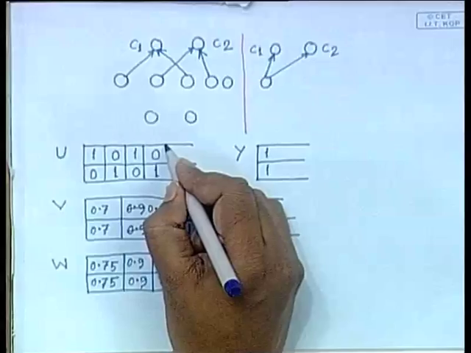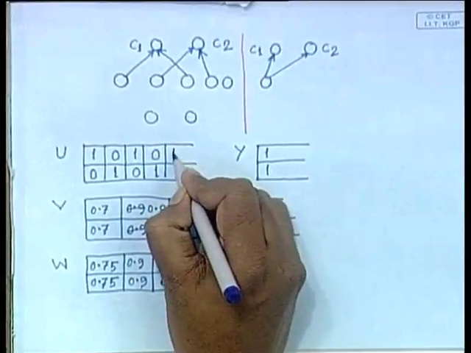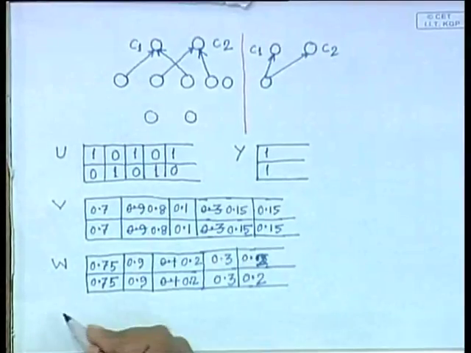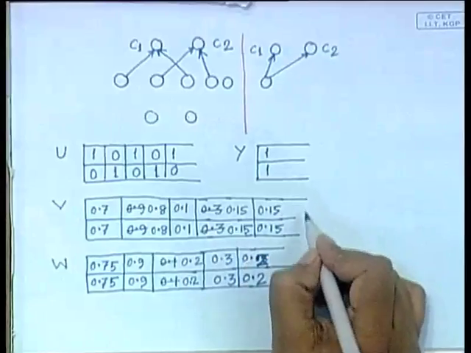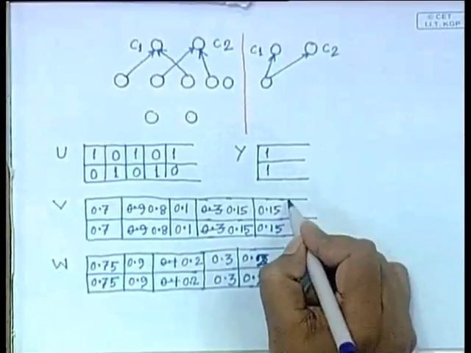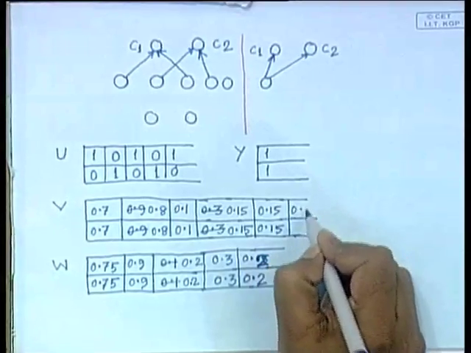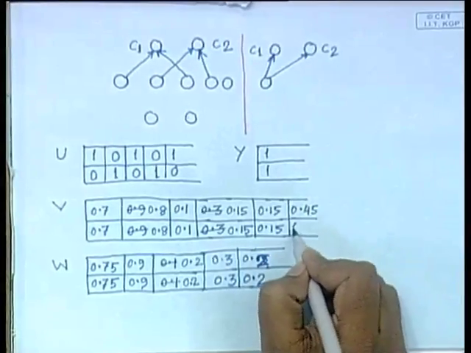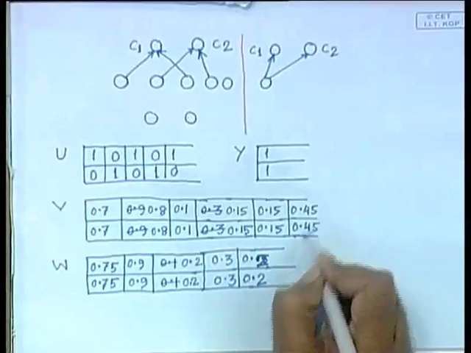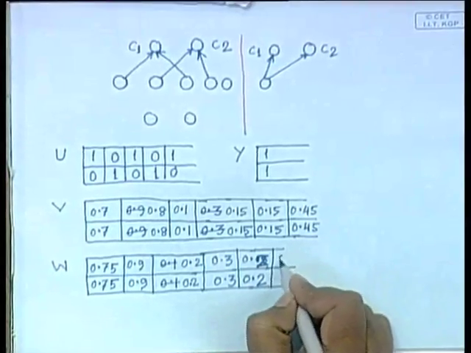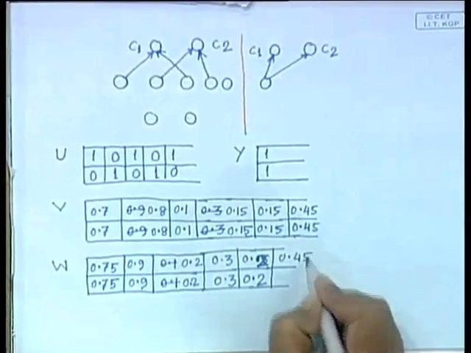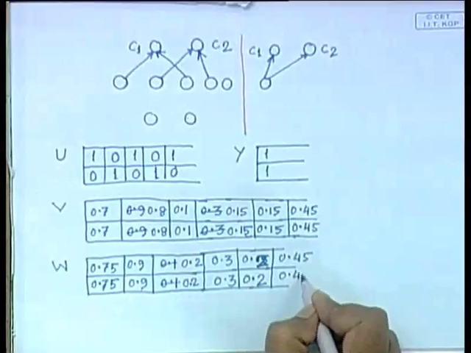So, I have to make in the U matrix an entry which is 1 0. Okay. And the min point and max point of that is 0.45, 0.45, max point will also be 0.45 and 0.45.